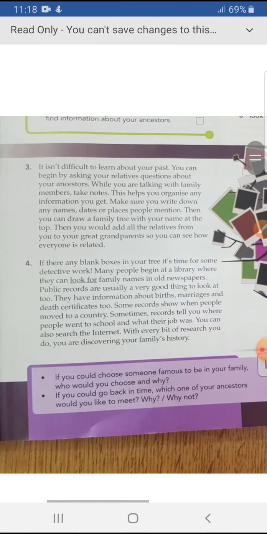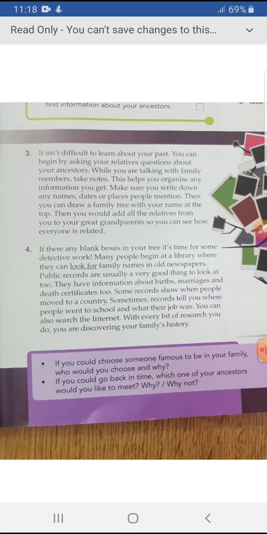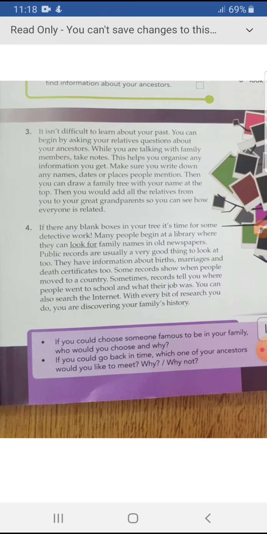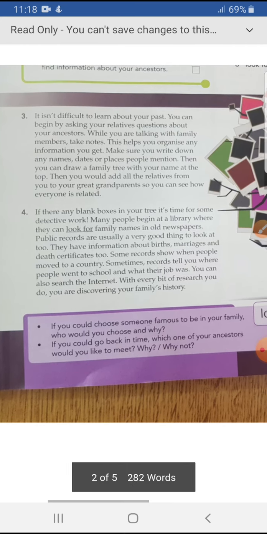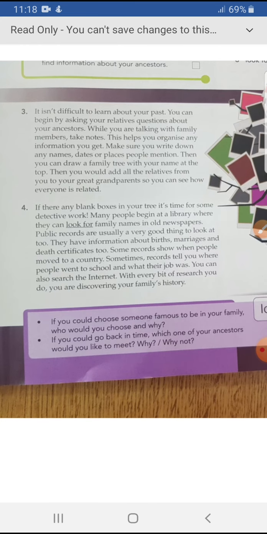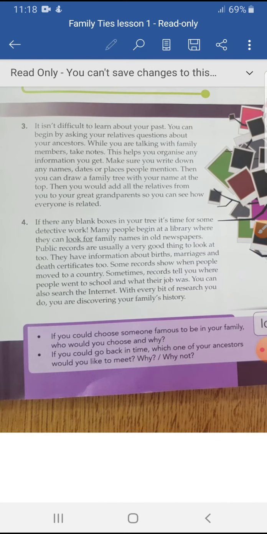Paragraph 4 tells us how we can discover our family's history by public records such as birth certificates or death certificates, also by old newspapers or by searching the internet. So this is the main idea of all the texts.